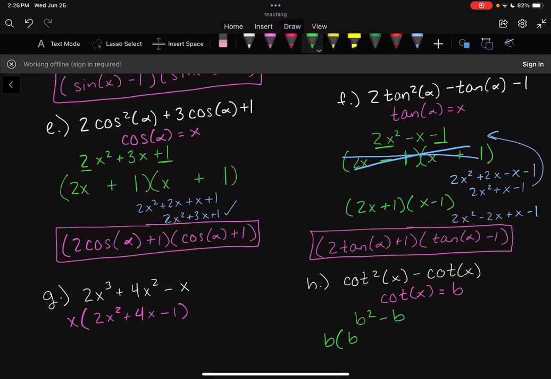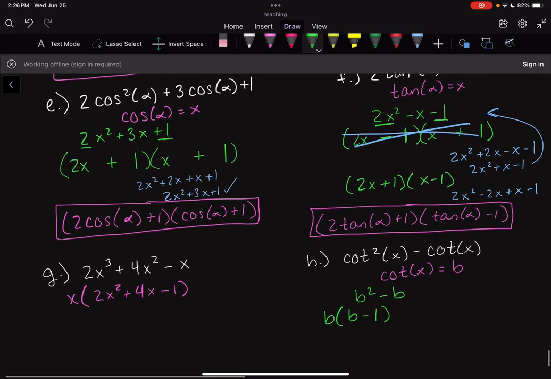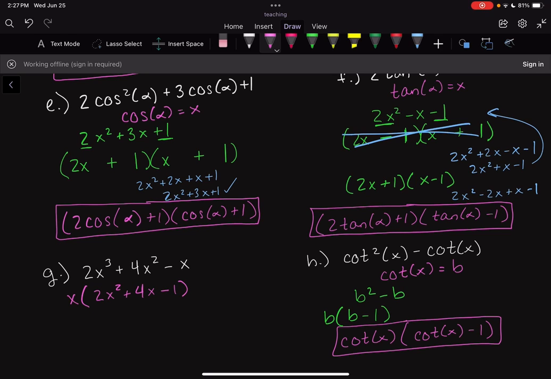And I'd be left with b minus 1. Replace in the cotangent. So I get cotangent x times cotangent x minus 1. So sometimes we just need to factor out a greatest common factor.